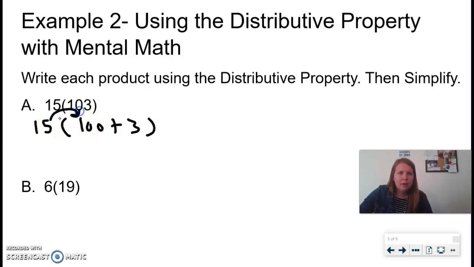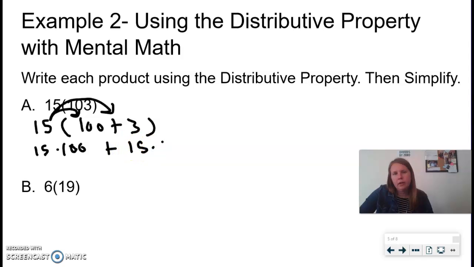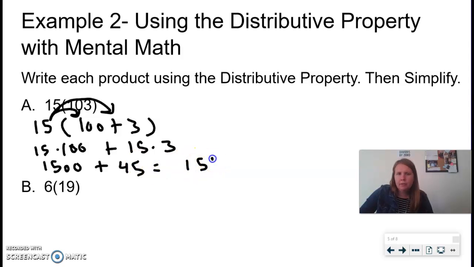Because 15 times 100, and then I'd have 15 times 3. All right, well, 15 times 100 means I have 1,500. Remember, you just add the same amount of zeros onto this. And then plus 15 times 3, that is 45. So add them together, 1,545. With no calculator, this is just my mental math, okay?